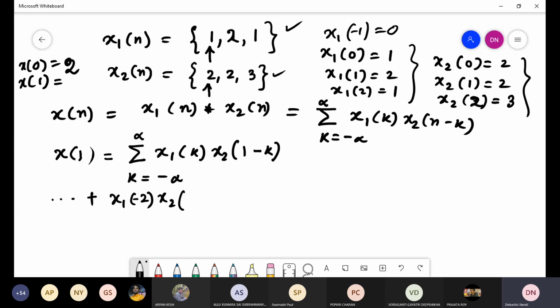If you start from the left hand side minus 2, then if k is equal to minus 2, then it will be minus of minus 2, which is 2, so 1 plus 2 means 3. Sorry, I have written here, it will be 3.